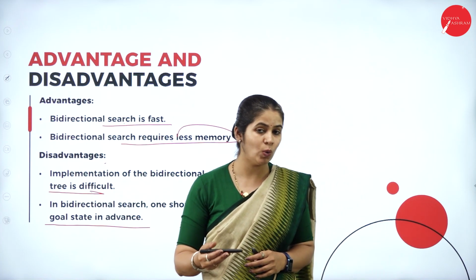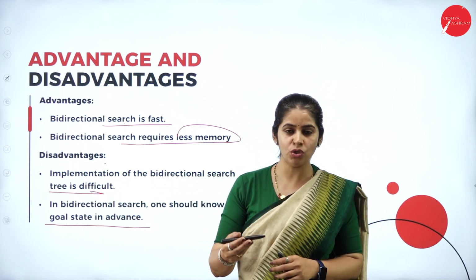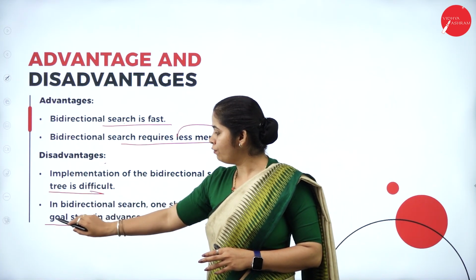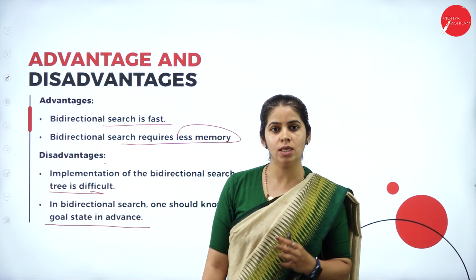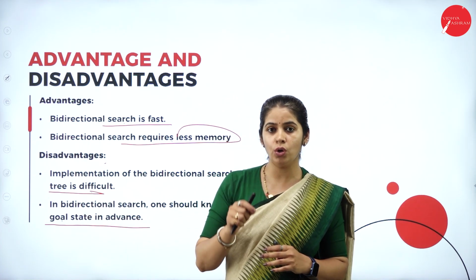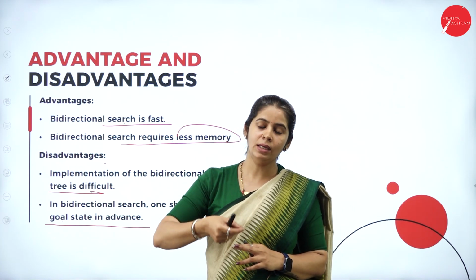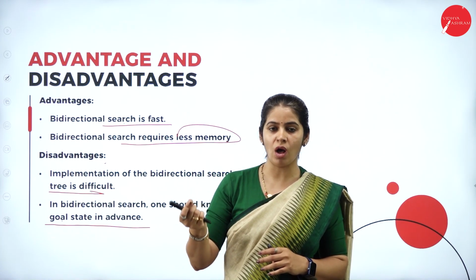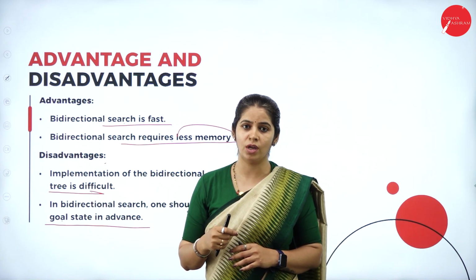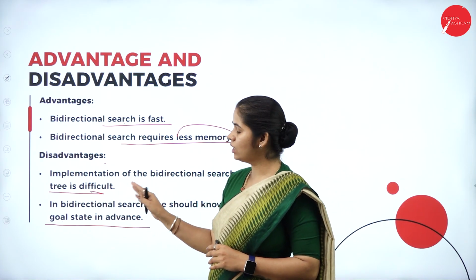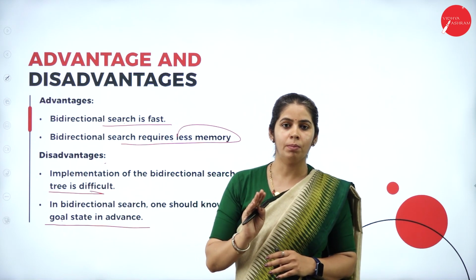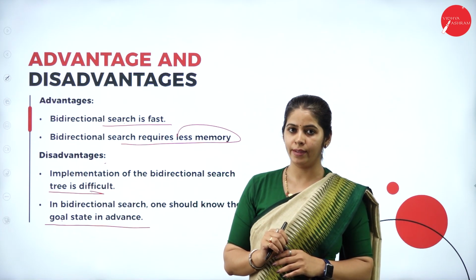As we are dealing with uninformed search, information about the goal state is limited, so you should give the algorithm the information about which node is the goal of the search. That is the disadvantage of the bidirectional search algorithm.